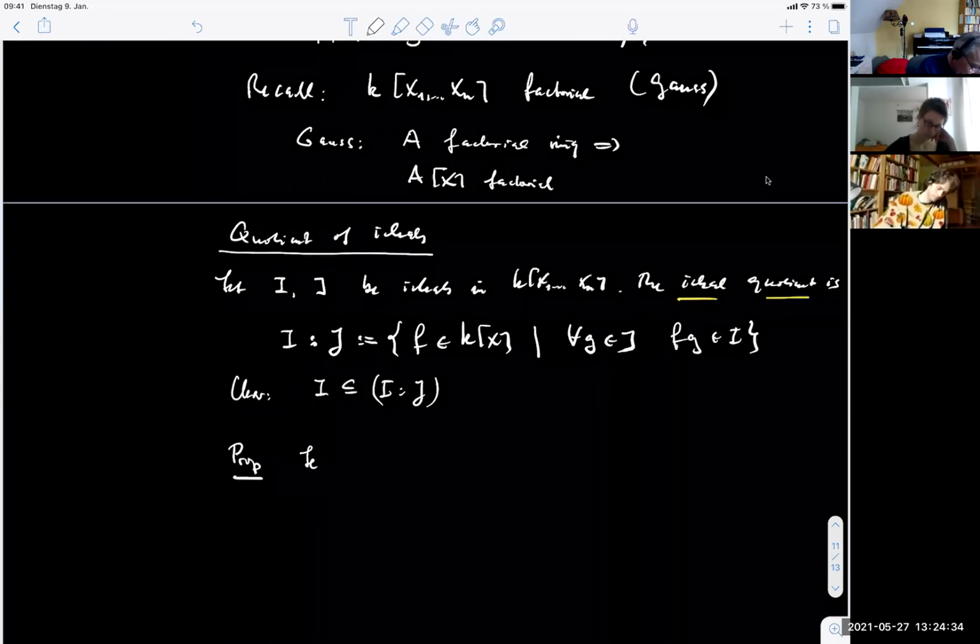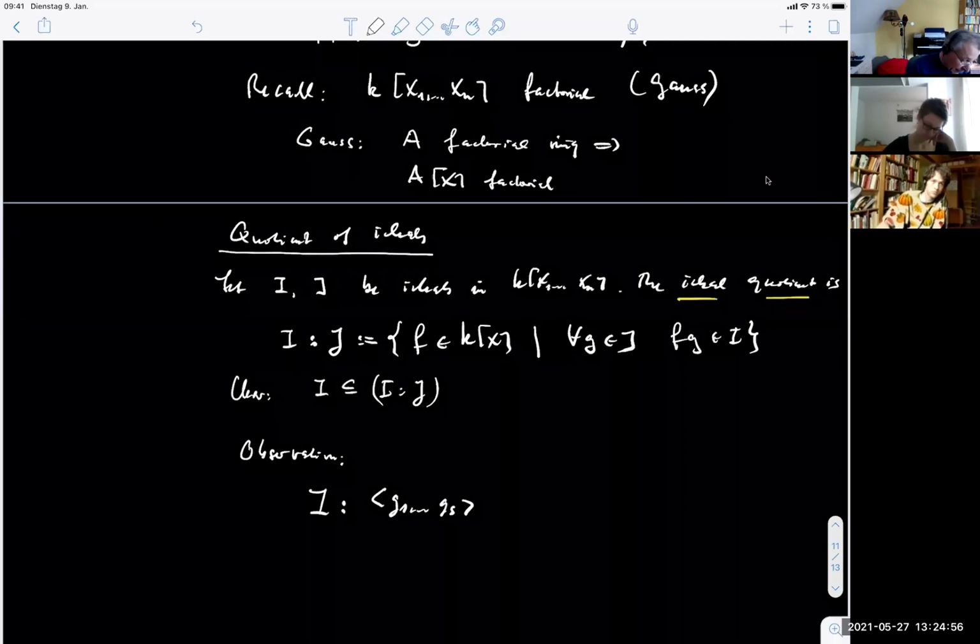There are two things that I want to say. First thing is an observation. Let's say I want to divide I by the ideal generated by g1 up to gs.